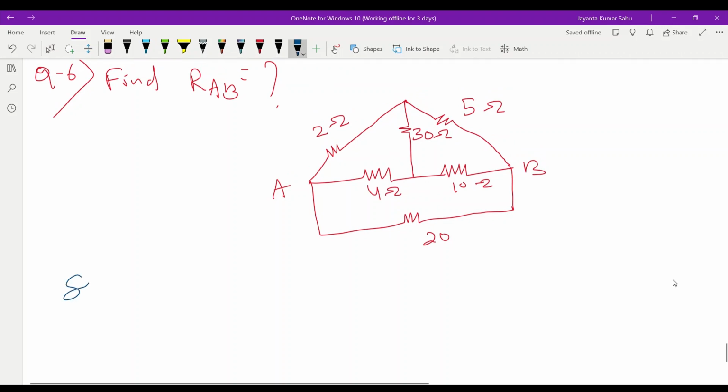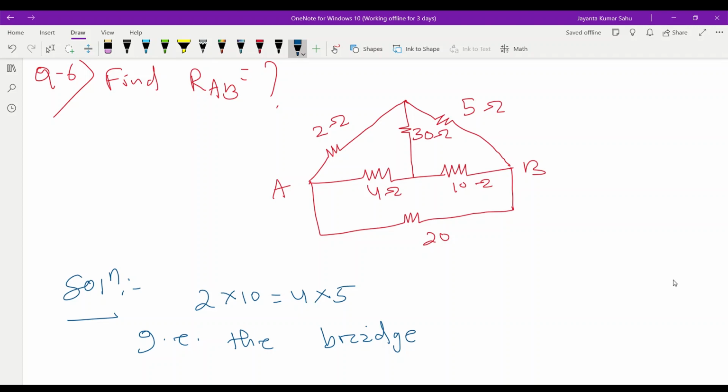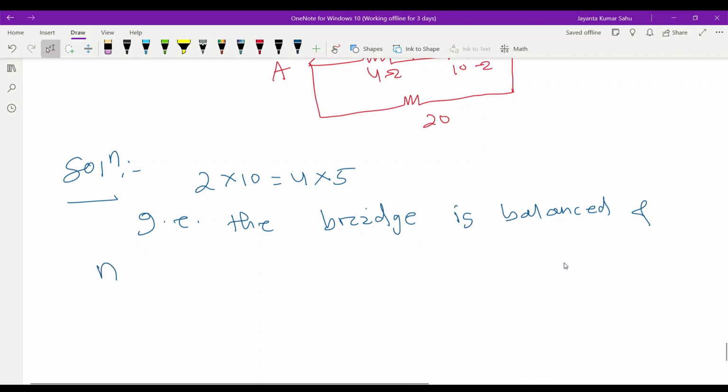In the solution, directly we write 2 into 10 equal to 4 into 5. That means the bridge is balanced and no current is flowing in the 30 ohm resistance.